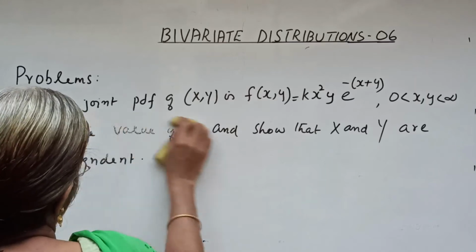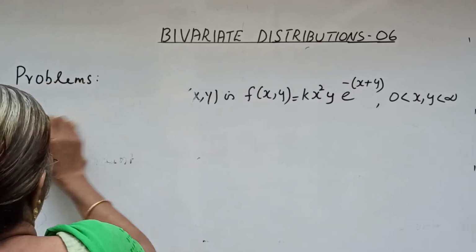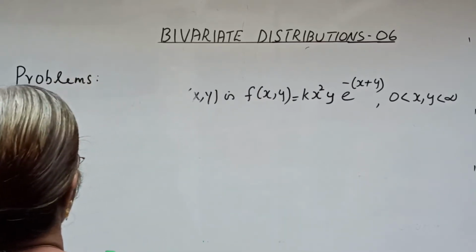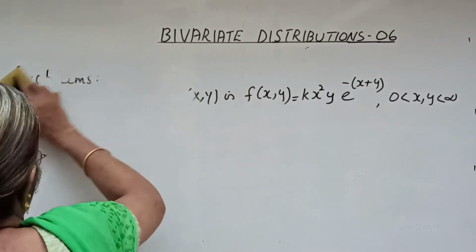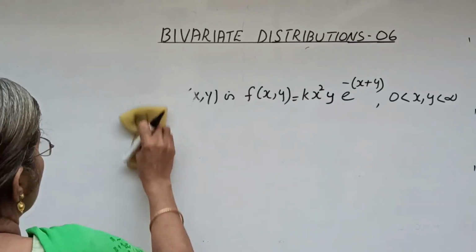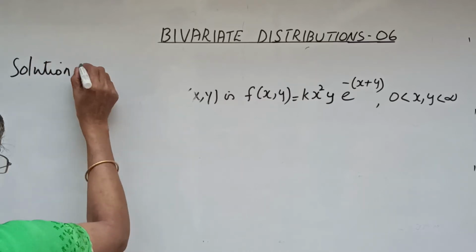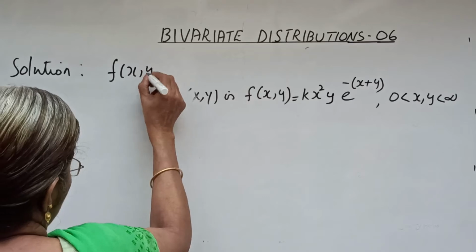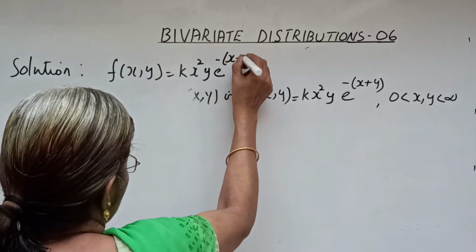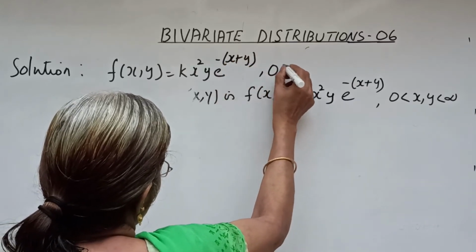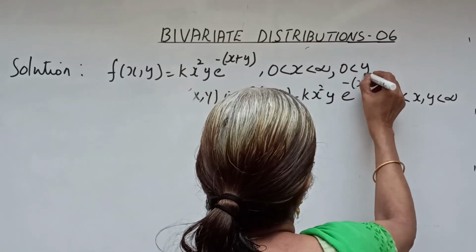The problem is f(x,y) equal to k x square y e raised to minus of (x plus y), 0 less than x less than infinity, 0 less than y less than infinity.